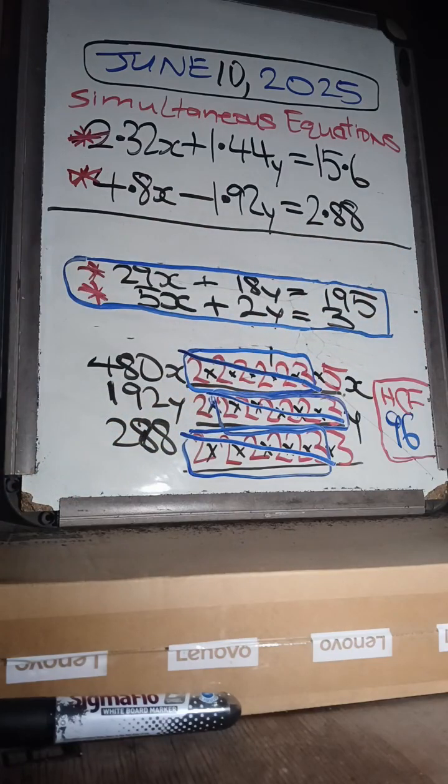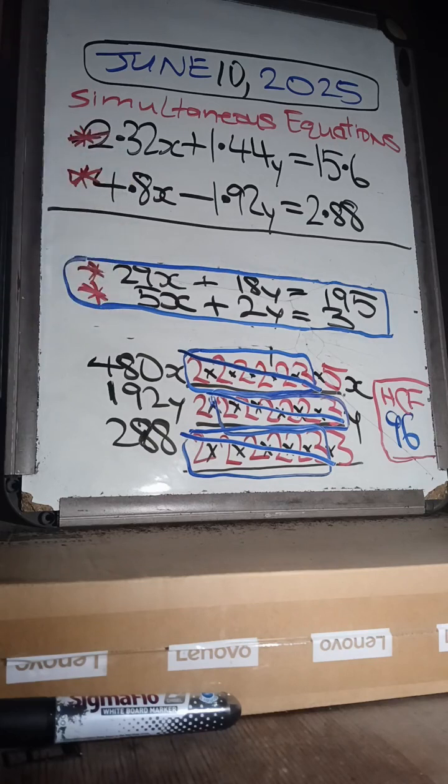So what we're going to be focusing on is 29x plus 18y equals 195, and 5x plus 2y equals 3. Now, the LCM of 29 and 5, both of them are prime, so we have to multiply 29 by 5 and 5 by 29.